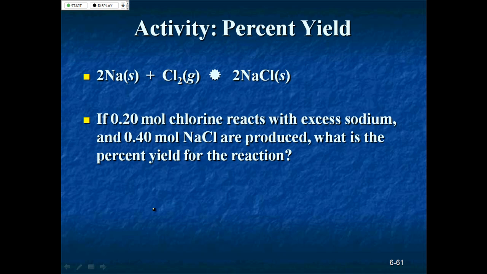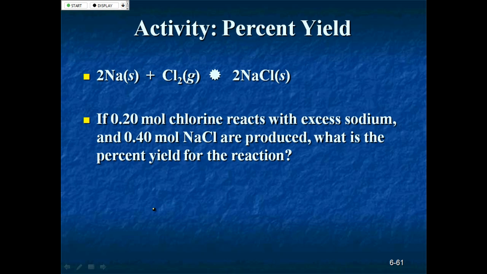So if you have 0.2 moles of chlorine reacts with excess sodium, what does that word mean? What does that tell you? Sodium is the excess reactant and chlorine is the limiting reactant. Okay, and 0.4 moles of NaCl are produced. What is the percent yield of the reaction?